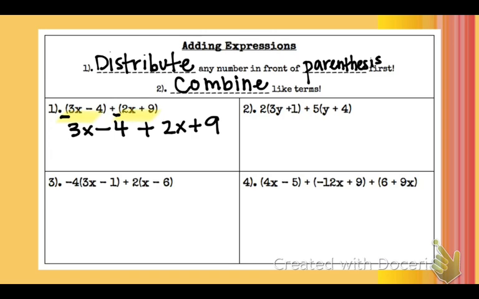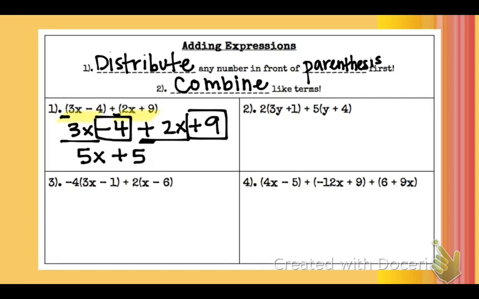What are my like terms? 3x plus 2x. Remember to keep that sign in front, so I'm going to add 3 and 2 to get 5x. And then I have negative 4 and plus 9. So negative 4 plus 9 is, that's right, positive 5. And I am finished. My answer is going to be a new expression.